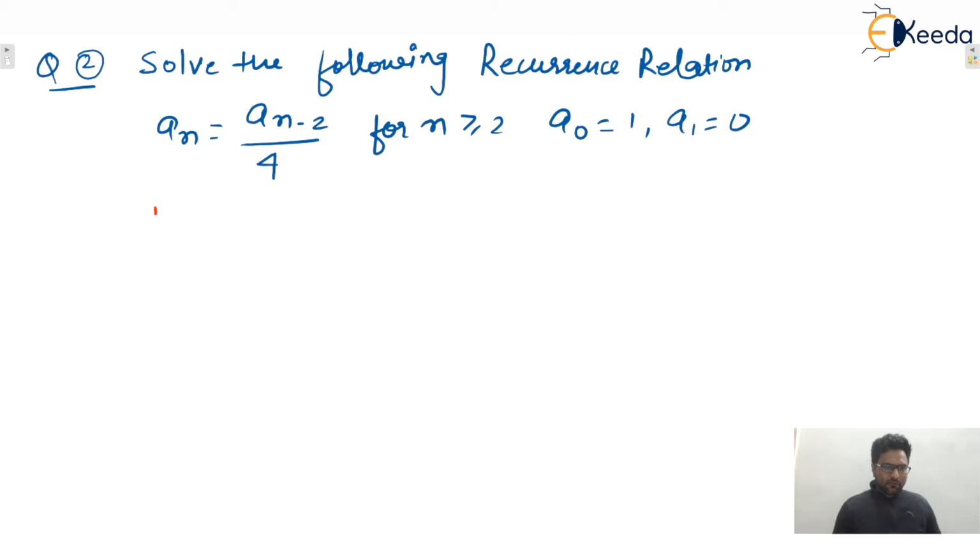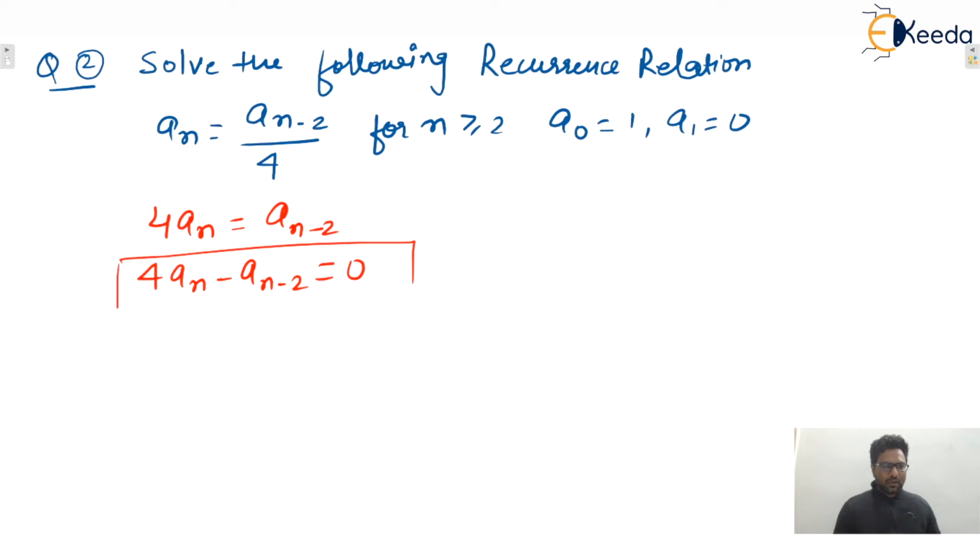Can we write it as a_n minus a_{n-2}/4? Then the right-hand side becomes 0. So we can conclude this is linear as well as homogeneous, a homogeneous LRCC.